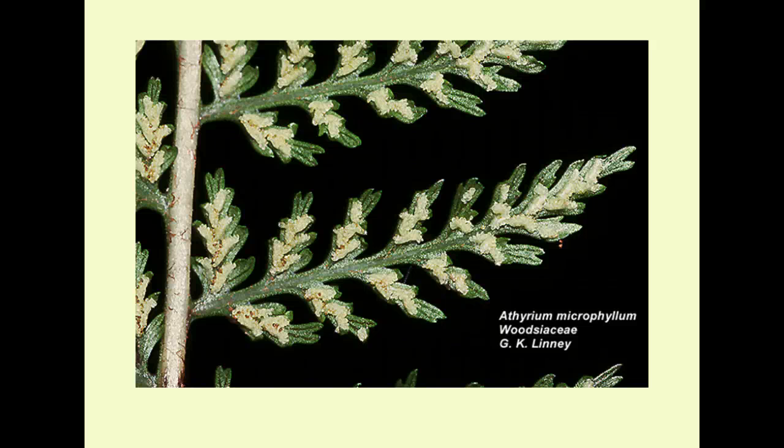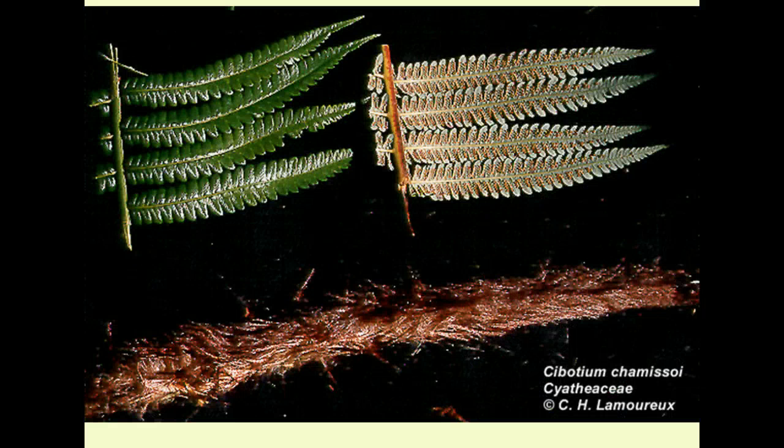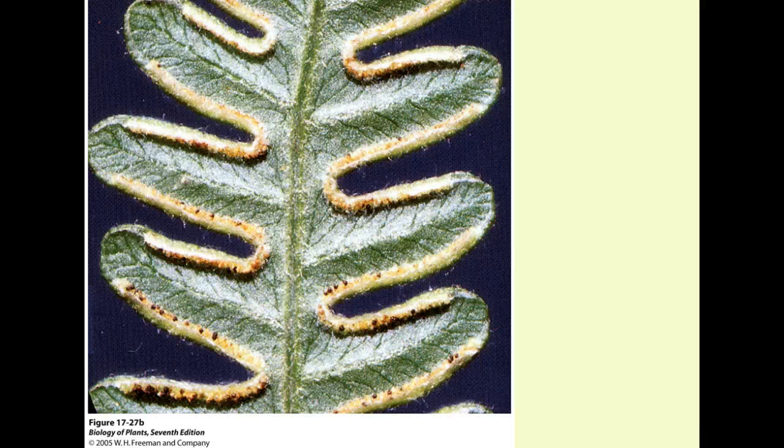Sometimes they may cover the whole bottom of those different pinnae. Here's an example of a fern that's producing a whole heck of a lot of spores. Here we can see this leaf before production and this leaf after production. Here's an example where the sori are lining the outside leaves.